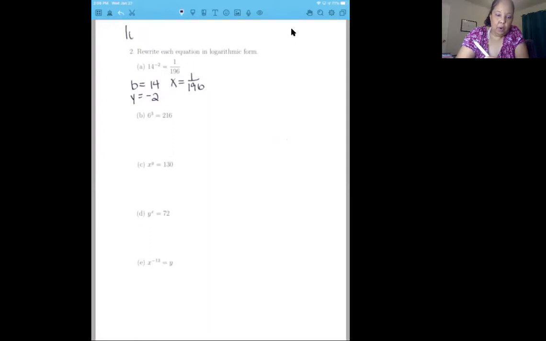So maybe let me rewrite this. y equals log base b of x if and only if b to the y equals x. It was in this form, and now I want to write it in logarithmic form. So I have -2 equals log base 14 of 1/196.